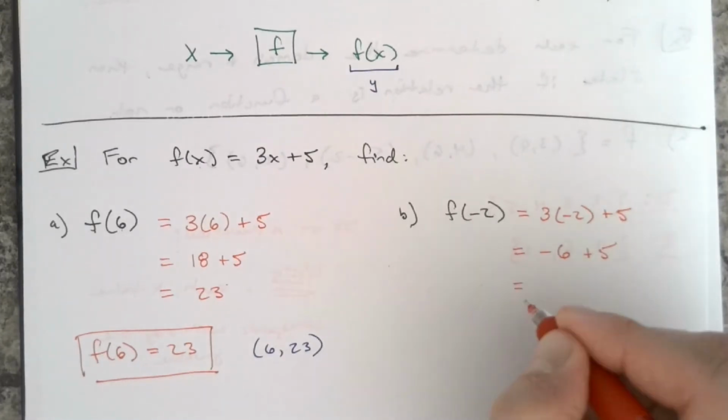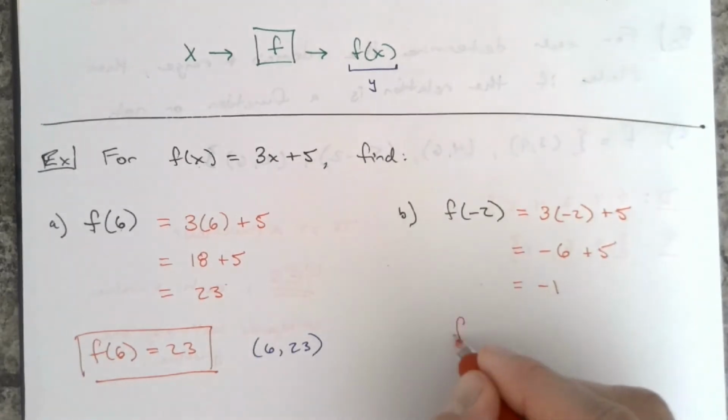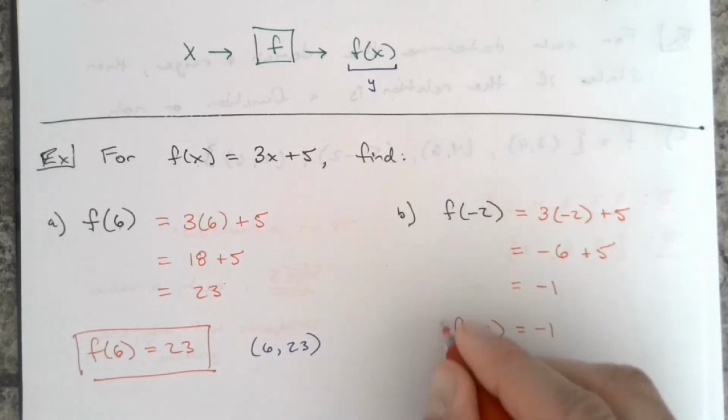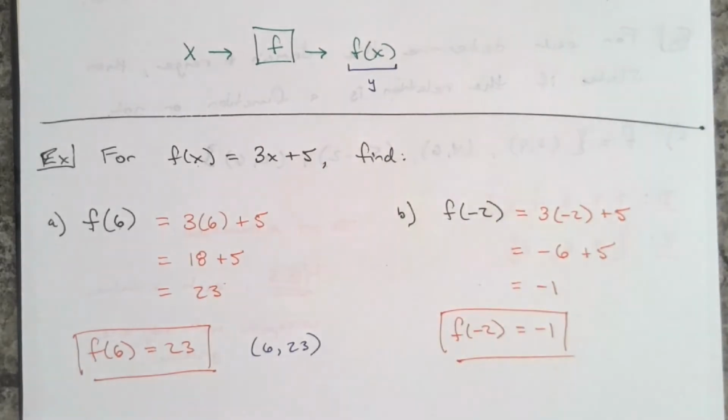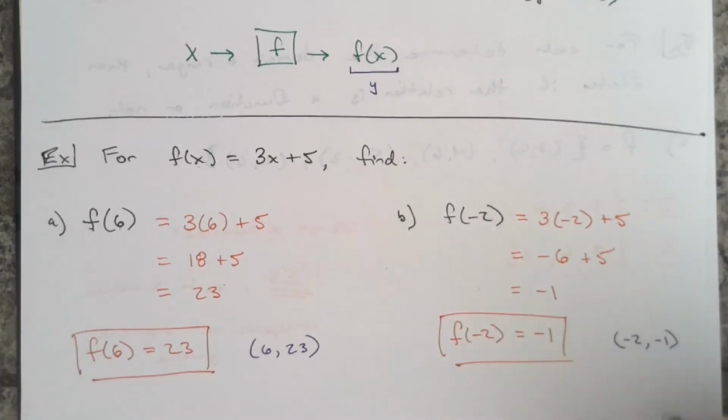Negative 6 plus 5, well, that's negative 1. So we have that f of negative 2 is equal to negative 1. If you're thinking of this in terms of an ordered pair, that's the same as saying the x value is negative 2. The y value you got out was negative 1.